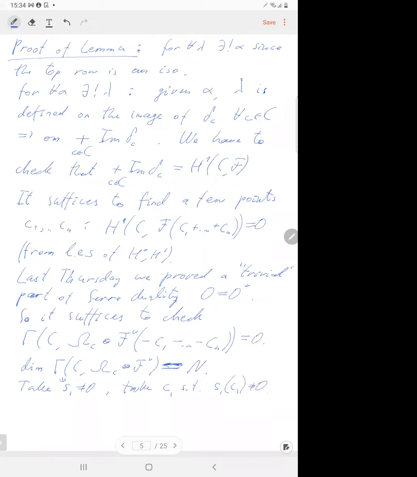But then when we untwist our sheaf by C1, it imposes a non-trivial condition, right? Because we did have one section that was not vanishing at this point. Then vanishing at this point does impose a non-trivial condition, and hence the dimension of global sections with coefficients in this slightly untwisted sheaf is less than n. Okay, and if it's still bigger than 0, then we continue like this.